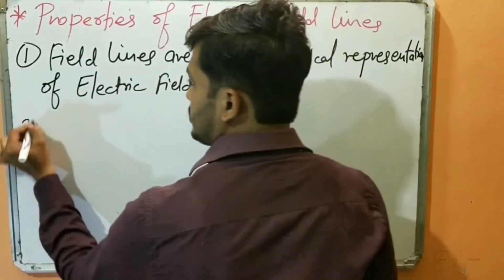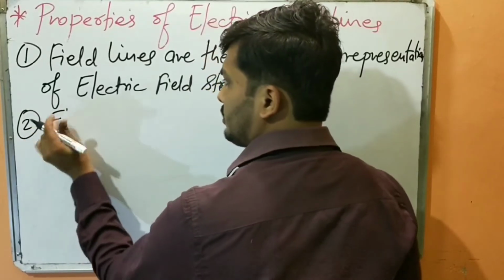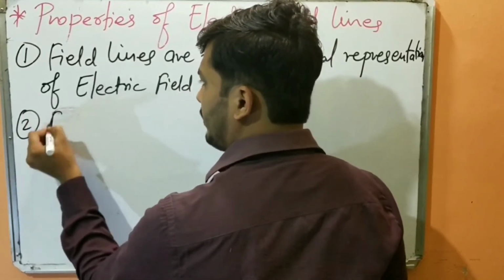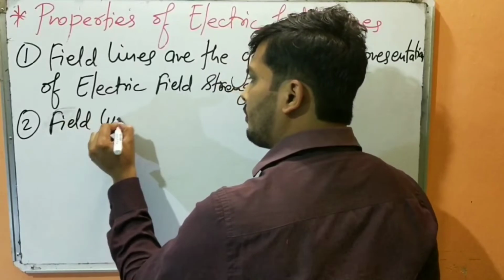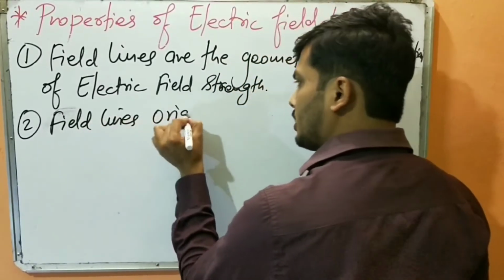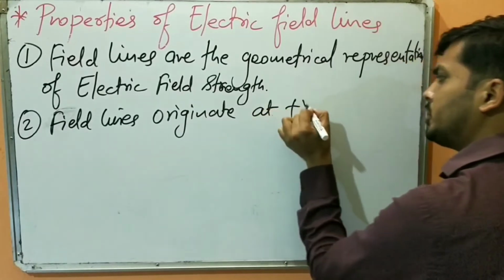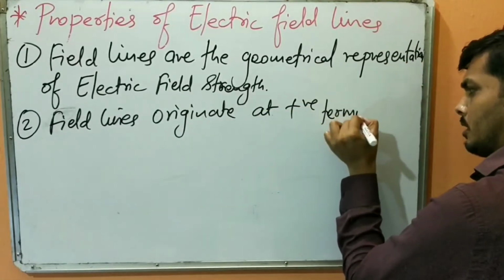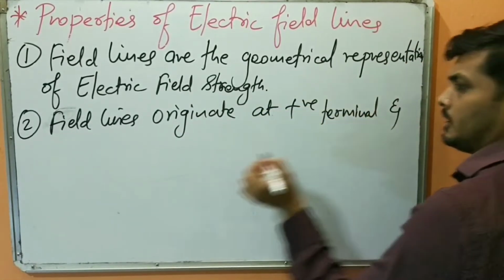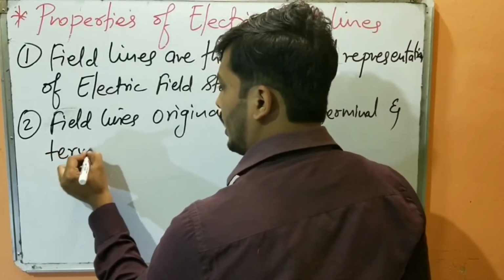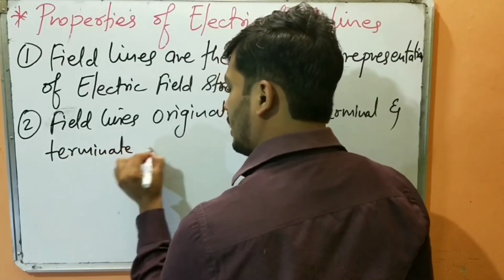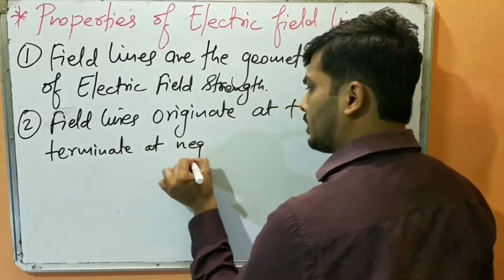We have seen it. Electric field lines originate. Where do they originate? They originate at the positive terminal and terminate at the negative terminal.